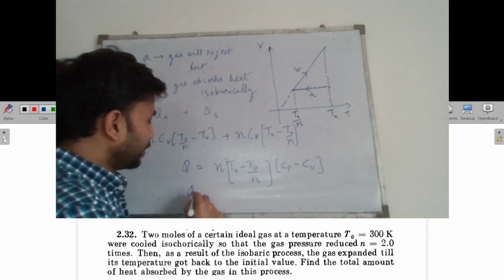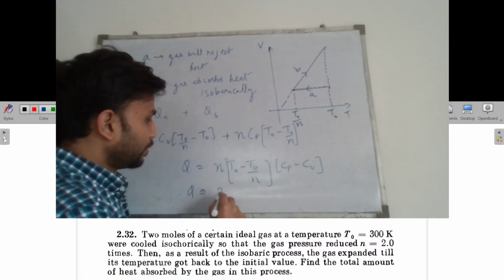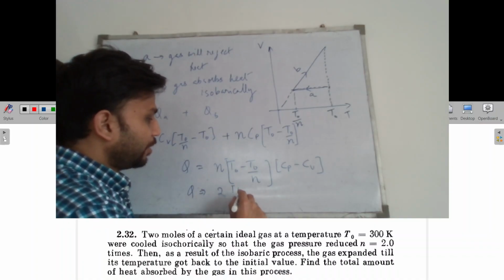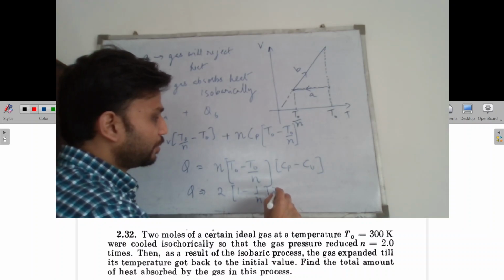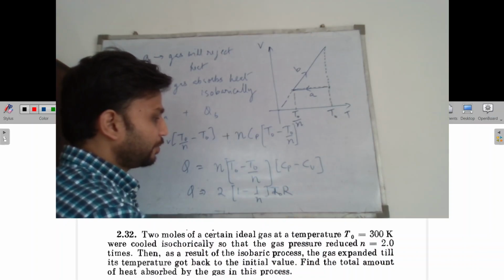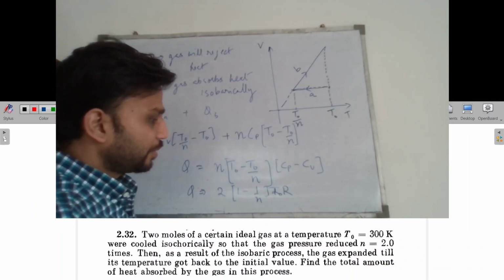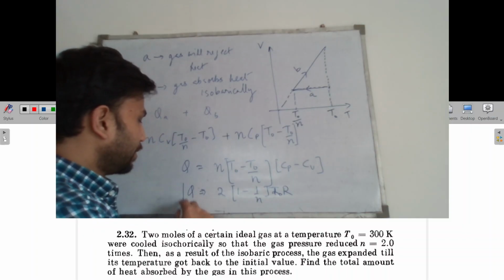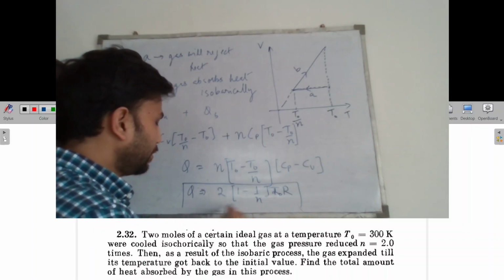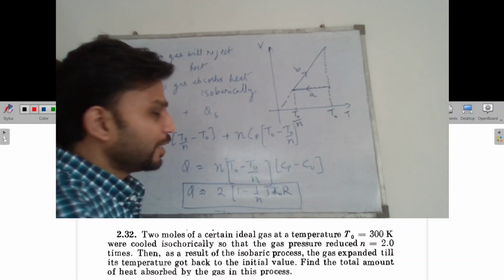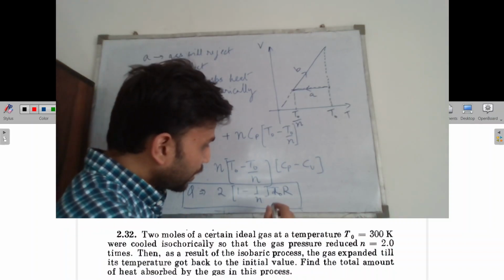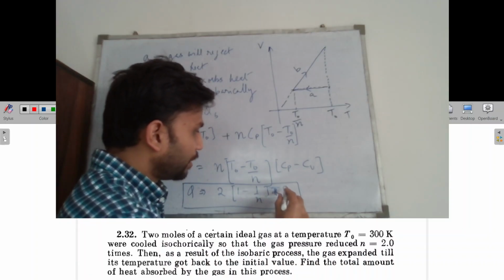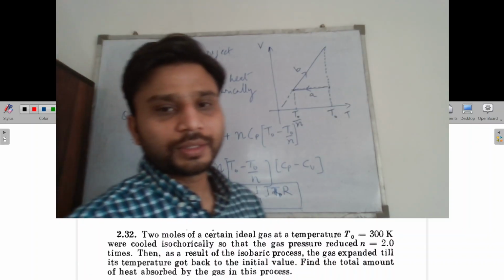So the heat given becomes equal to 2 moles of gas times (1 minus 1 upon n) times T naught times R. This is the answer for this particular question. If you put the value n equal to 2, you will get R T naught as the final answer. We have taken T naught as common.